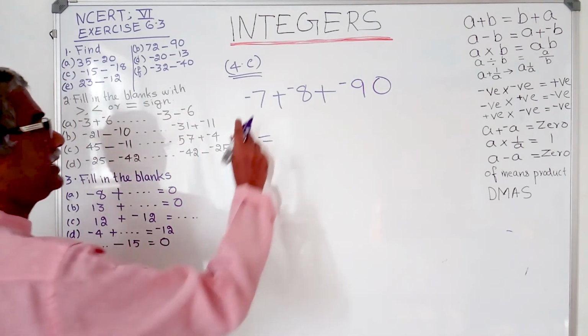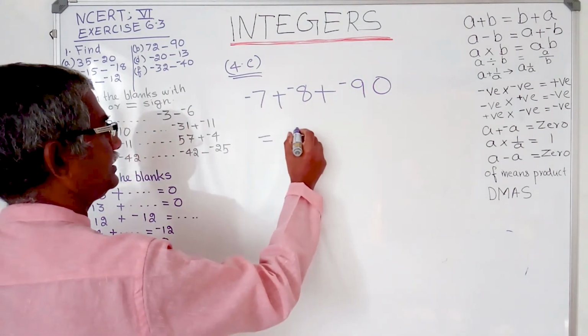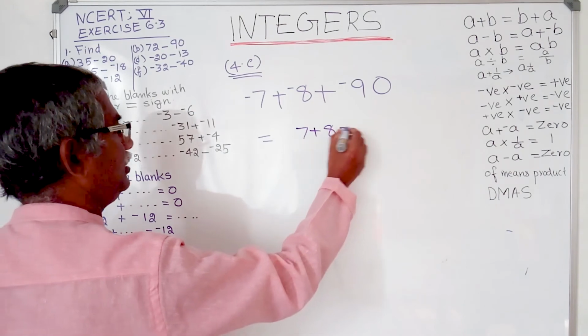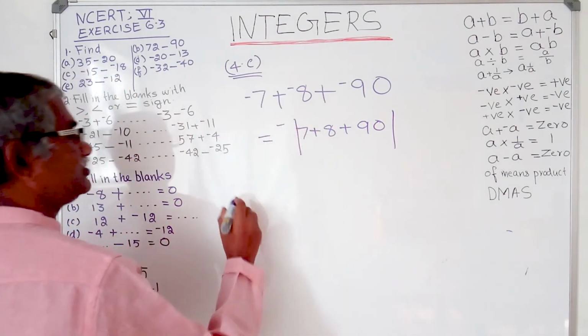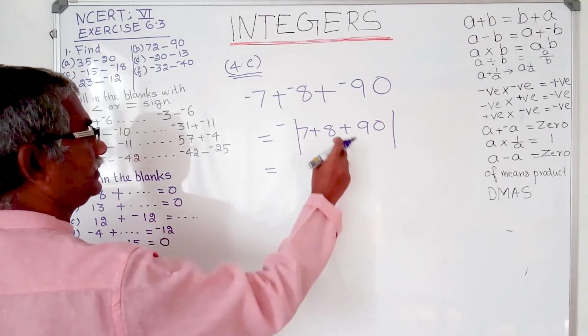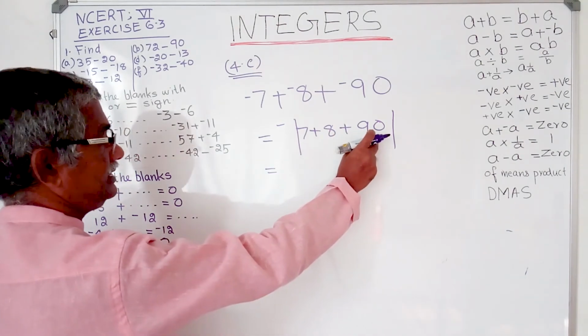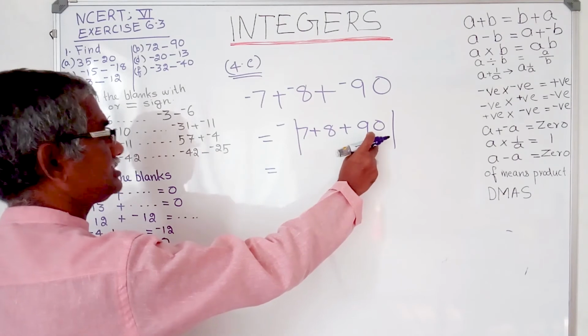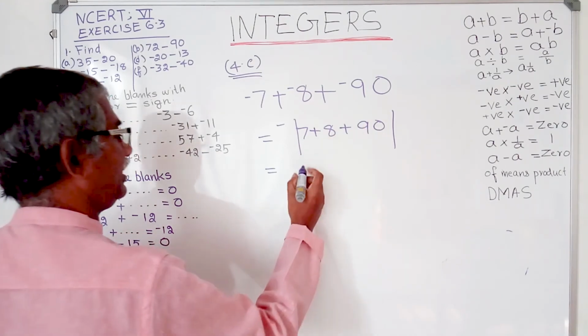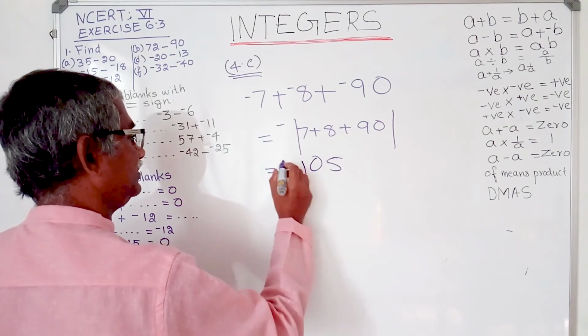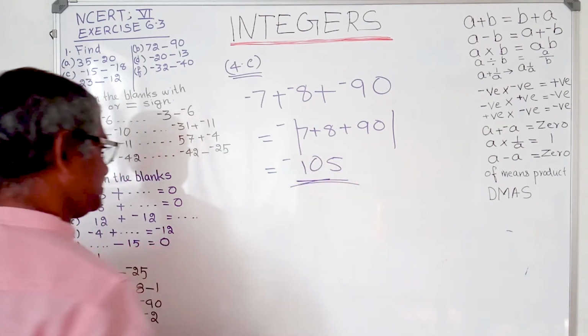All are negative numbers, taking the sum of absolute values and putting the negative sign outside. 90 plus 8, 98. 98 plus 7, 105. Put the negative sign. This is the answer.